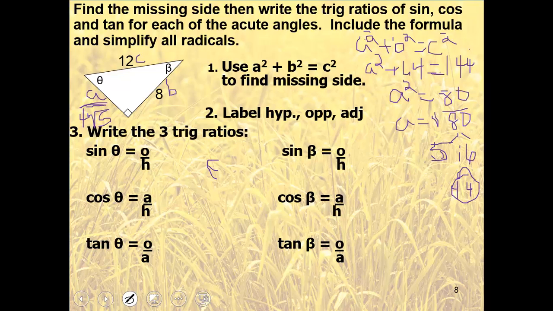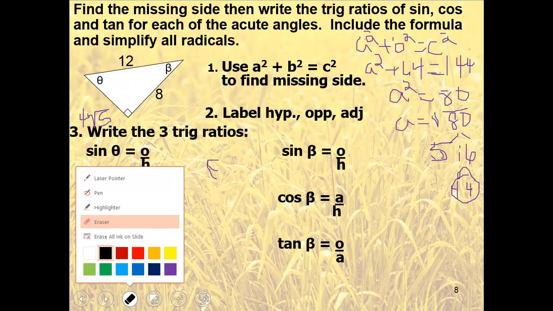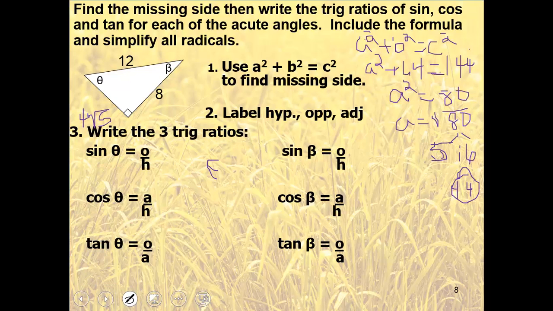So I need theta. I need to label the hypotenuse and the opposite and the adjacent. So here's theta, hypotenuse, opposite, adjacent. So let's move on. We have the sine of theta.